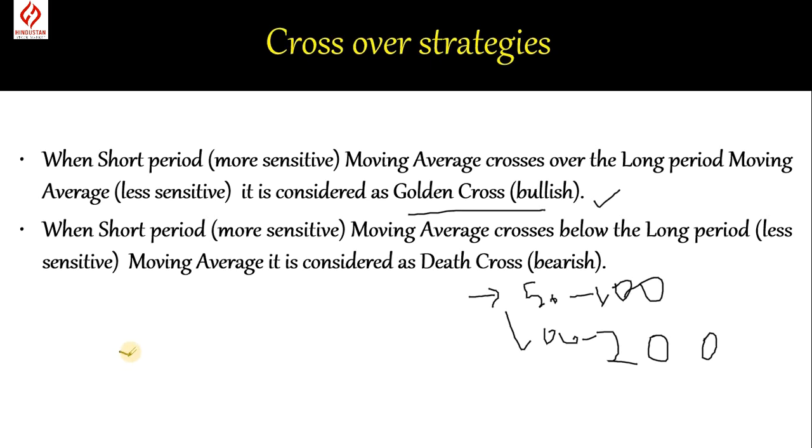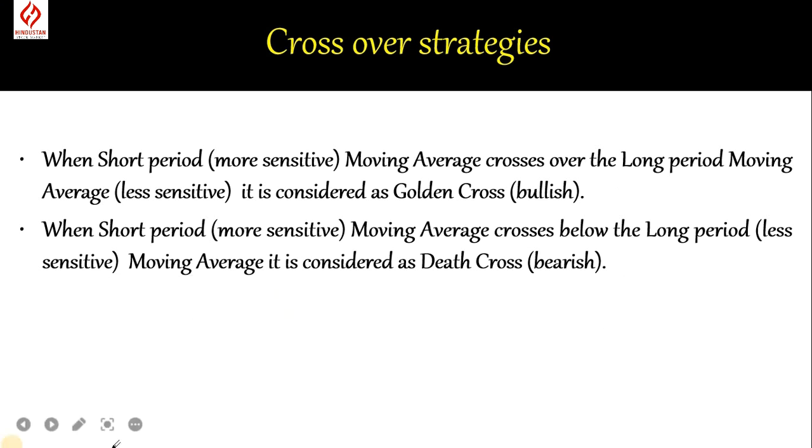Suppose if you are a scalper, so every minute to minute information you need in that situation, you use 3 days to 13 days or 5 days to 13 days moving average. That is how, see, the combination purely depends upon the kind of trading that you are doing, right? So here let us take as an example 20-day moving average and 100-day moving average.